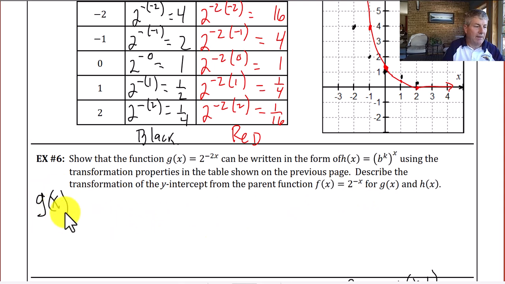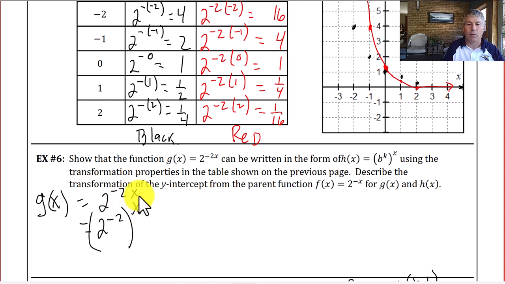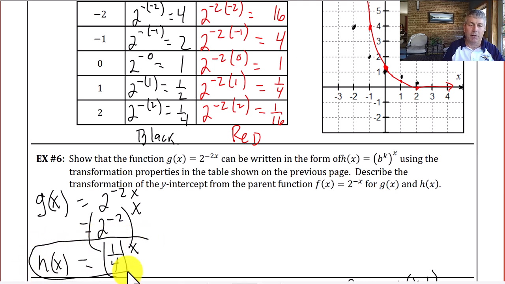So g of x is equal to 2 to the negative 2x, which is also the equivalent of 2 to the negative 2, all raised to the x, a power raised to a power. We multiply our exponents. We're kind of undoing multiplication here. And now h of x, well, 2 to the negative 2 is 1/4, so our new function is 1/4 to the x. So that is after manipulating and rewriting it in a new form.